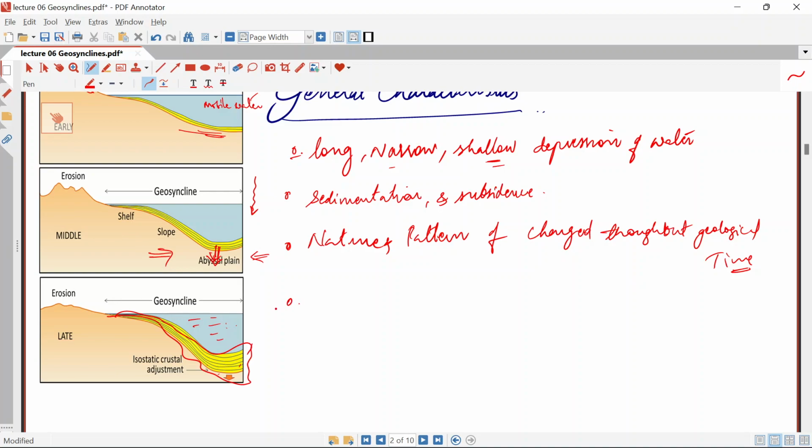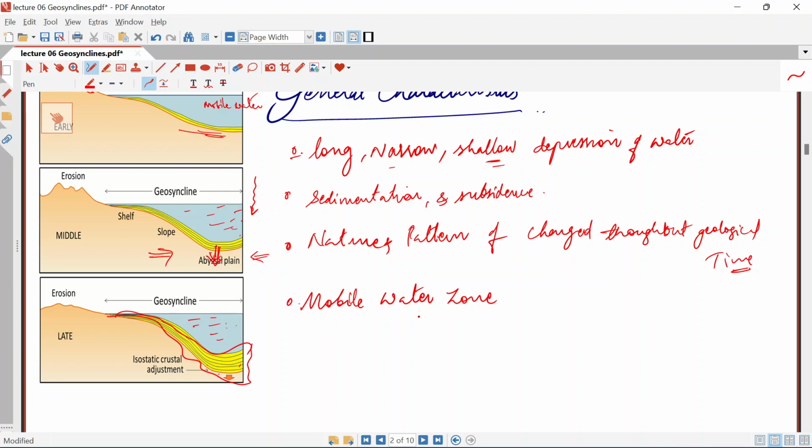And the fourth, I can say strongly, is that it forms in a mobile water zone. As we can see here, this is the mobile water, and under this, geosynclines are formed.